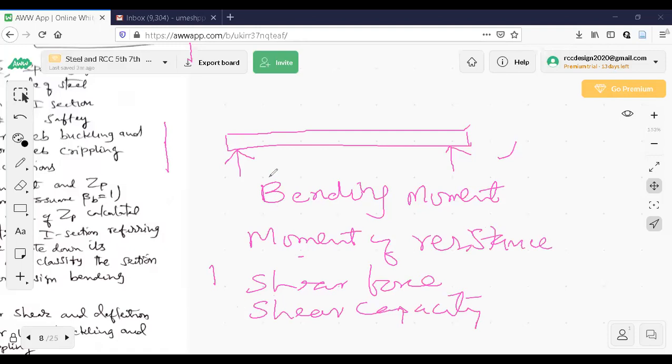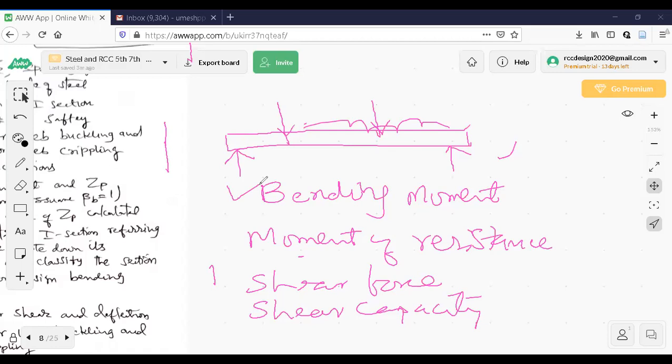Now, as you see here, the beam is basically a member which is subjected to transverse loading like this, maybe UDL plus point load, something like that. So for the sake of simplicity, a simply supported beam is used. Okay. Now this beam has to resist bending moment.